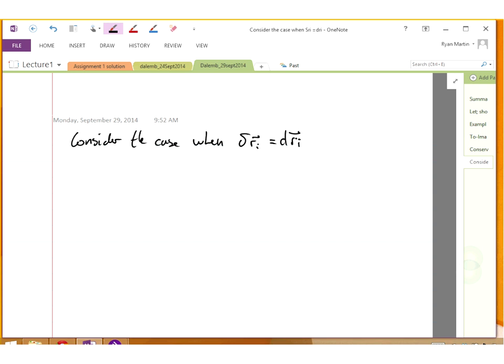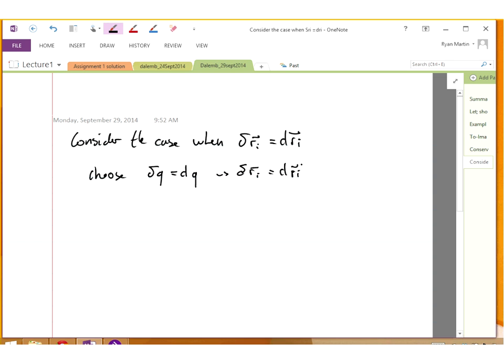What we're more interested in, of course, is the generalized coordinates. And what we really want is when delta q equals dq. So if we choose the case where delta q equals dq, does that necessarily mean that delta r_i is equal to dr_i?